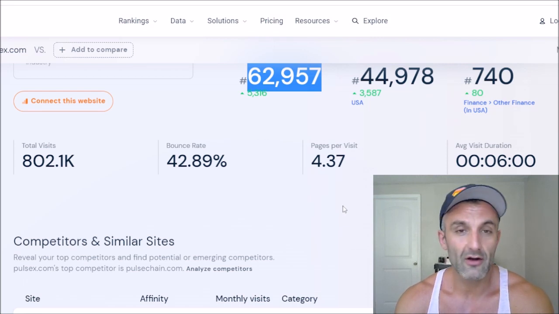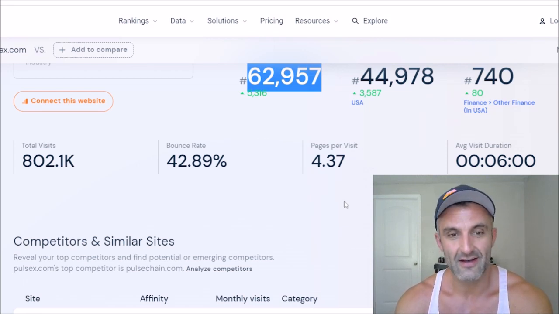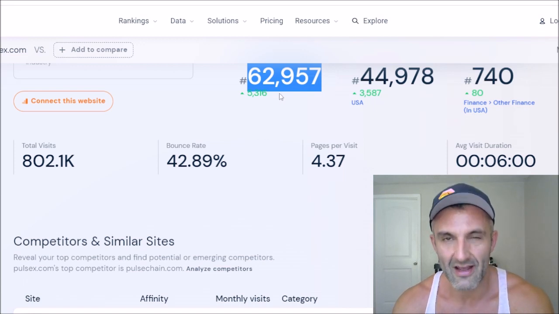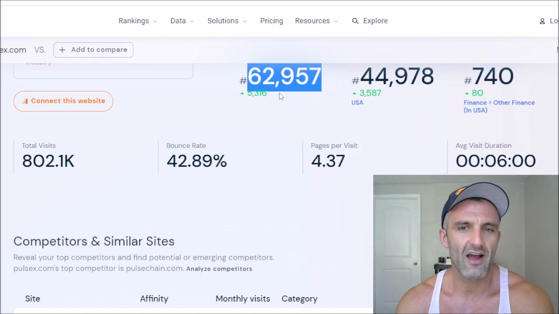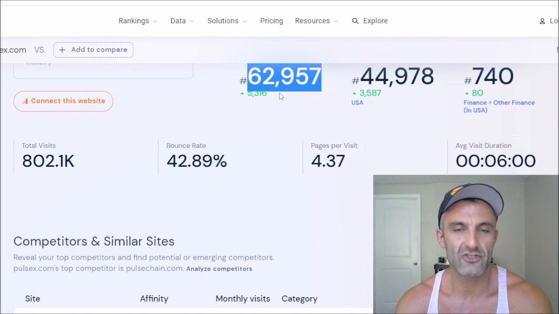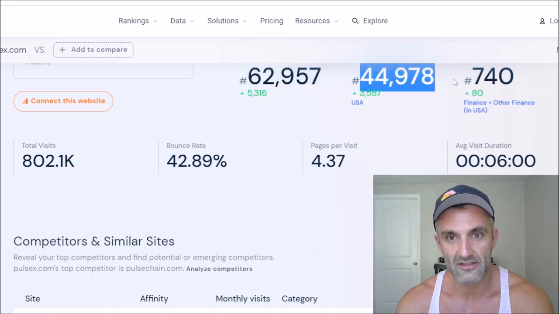So when we look at this, we see that PulseX is actually ranked higher than Curve. Something that is not even out yet is ranked higher than Curve, which is currently on the marketplace, both globally and in the United States.